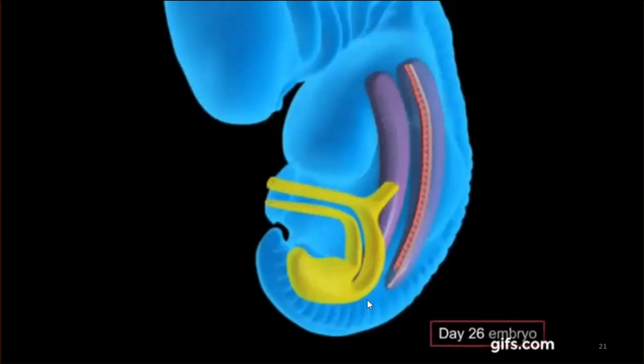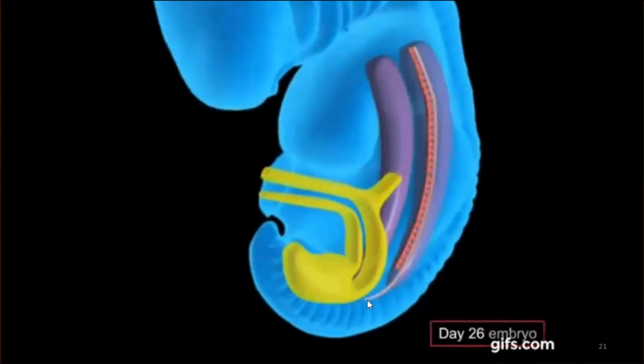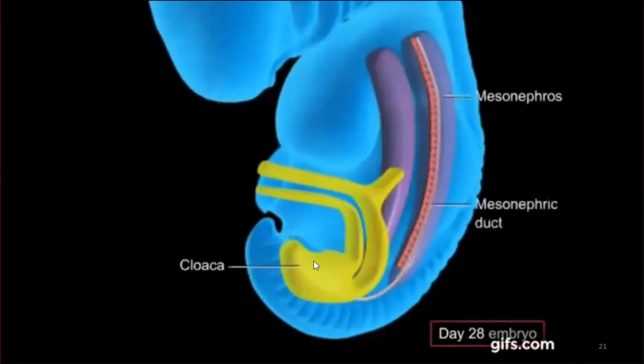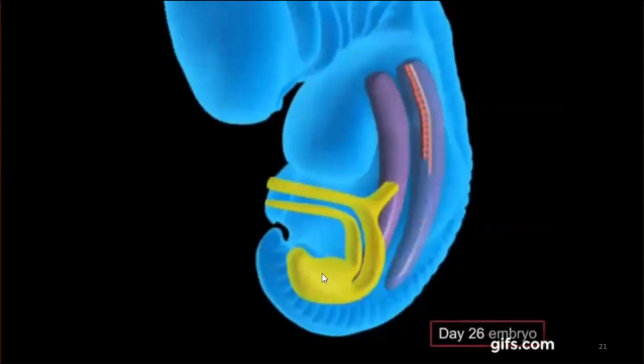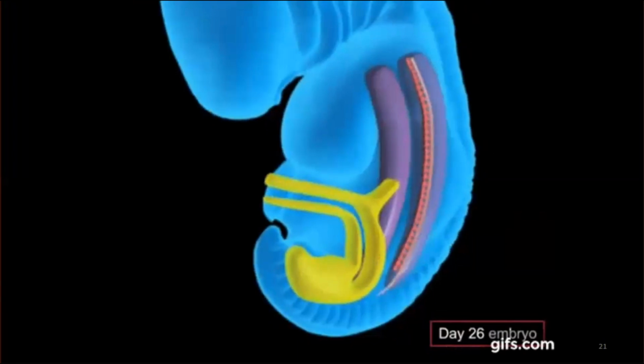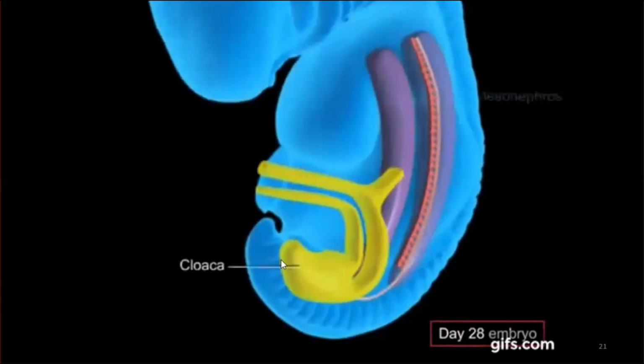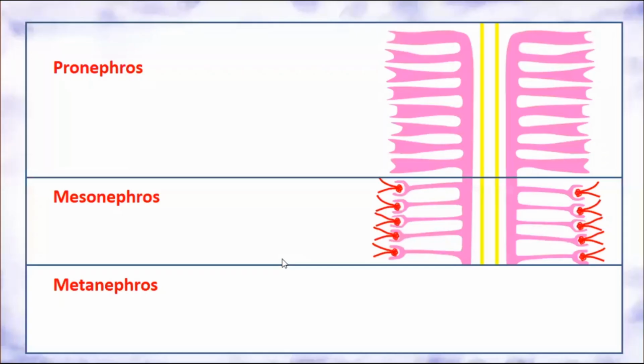So the collective part of the digestive and urinary systems in embryogenesis is called cloaca, and some animals, even after birth, have cloaca, but in humans and other mammals, cloaca is divided later into the urinary part and the digestive part. So it will be divided into rectum and urinary bladder.